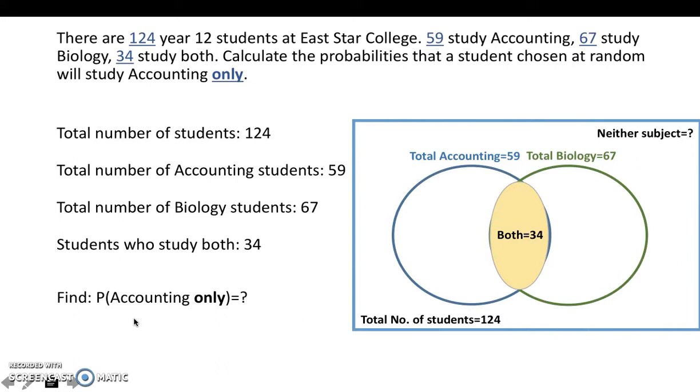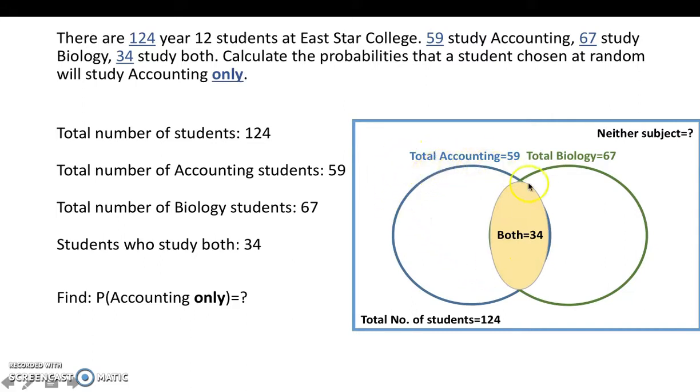In the center of the Venn diagram, the yellow highlighted ellipse is the number of students who study both, which is 34. You can also recognize the 34 as the area of this ellipse.